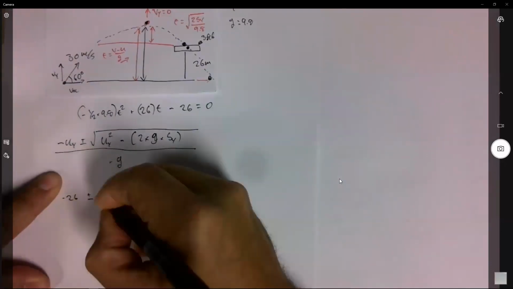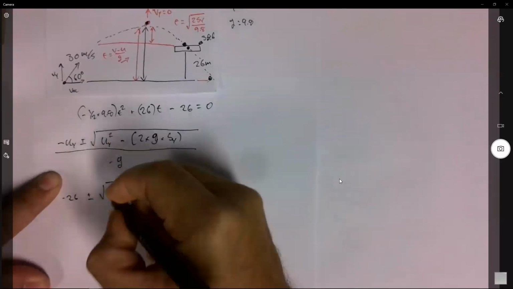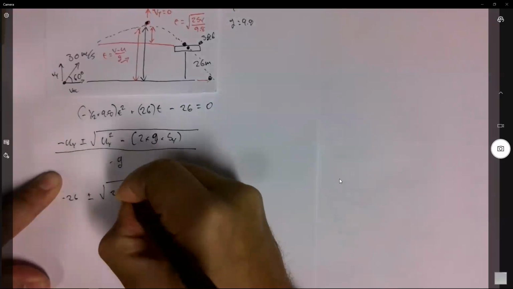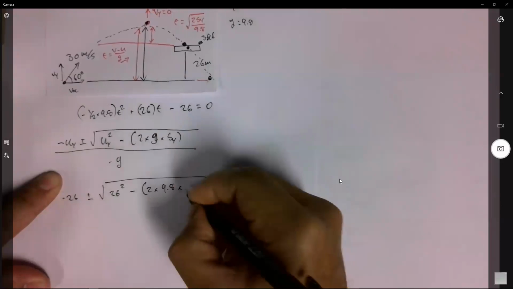Okay, so we know our initial velocity is 26, negative 26, plus or minus the square root of the square of 26 minus 2 times 9.8, gravity, times sy, which is 26. And we divide that by negative 9.8.